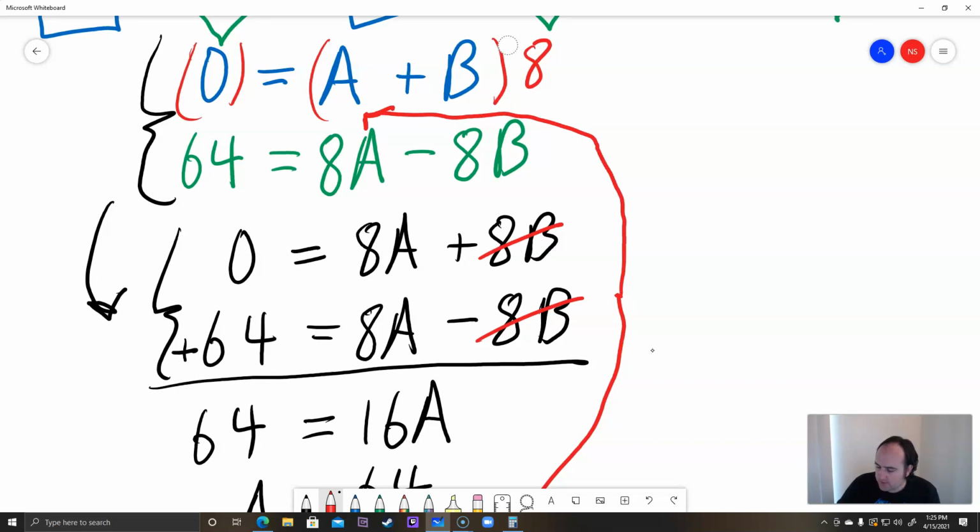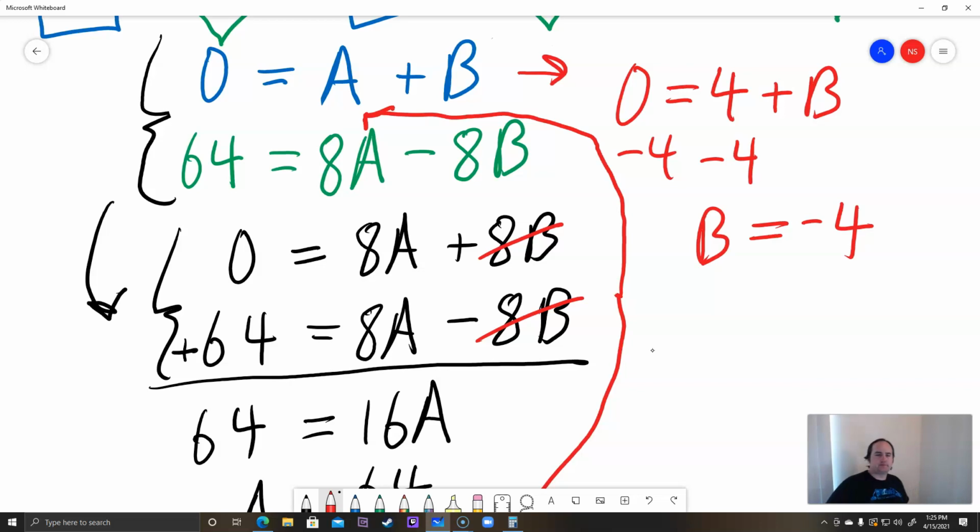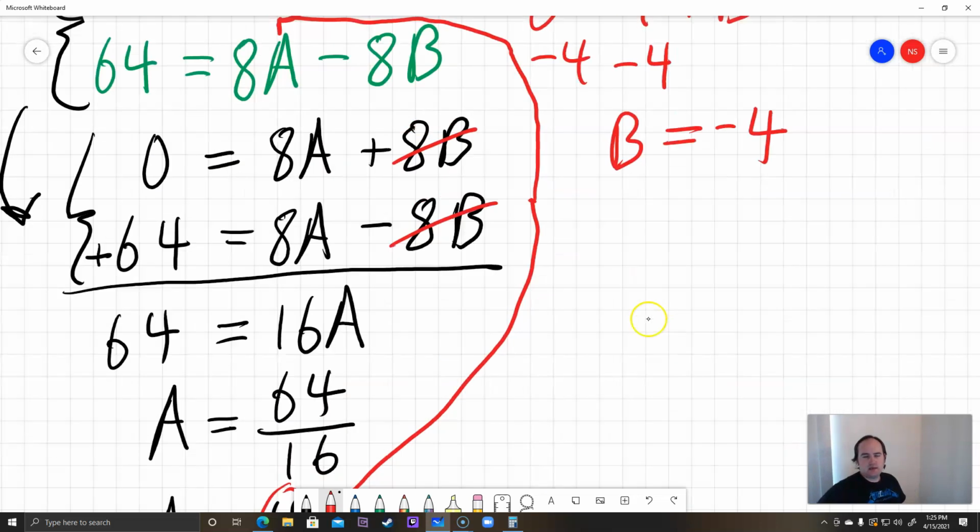That was just 0 equals a plus b. So this top equation is now going to become 0 equals 4 plus b. And then if we subtract 4 from both sides, we get b equals negative 4.